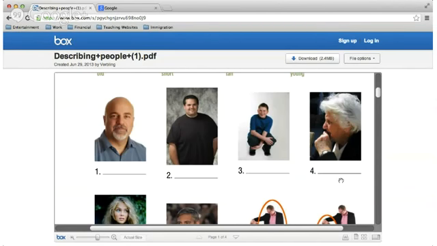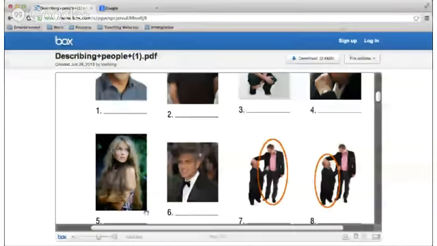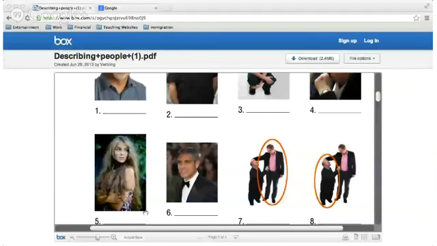Maybe number 6 has gray hair too. Yeah, so his hair would be graying hair. Let me type that in there. If it's not all the way gray yet, we could say graying hair. So his hair is going gray. Like me.